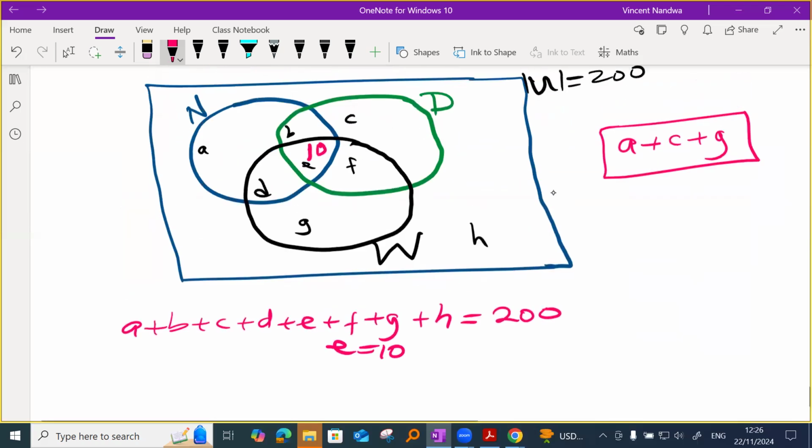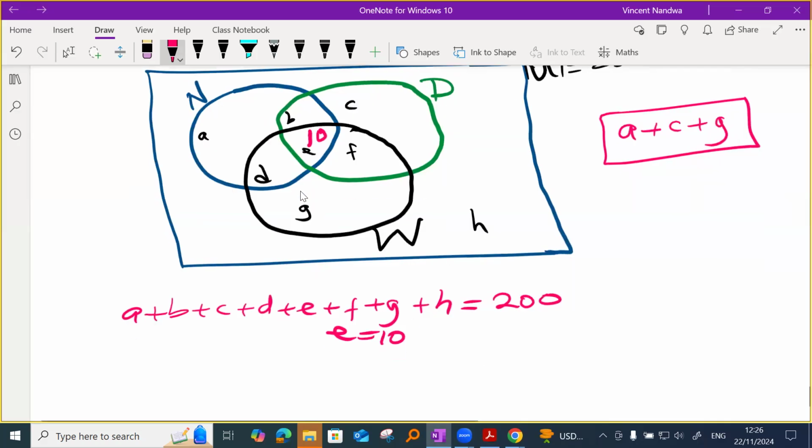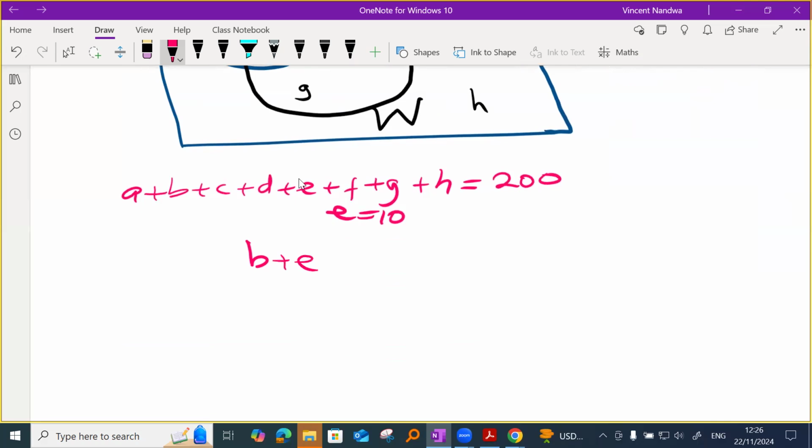And then the other information is 19 studied both networking and data management. So where do N and D meet? Where the blue and green circle meet, at B and E. So B plus E should give us 19.